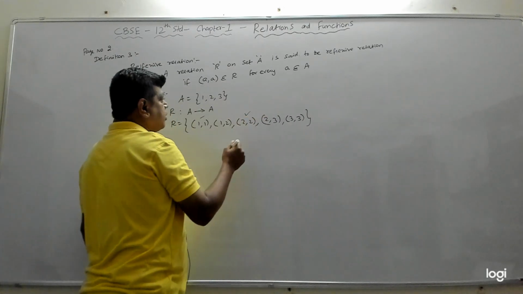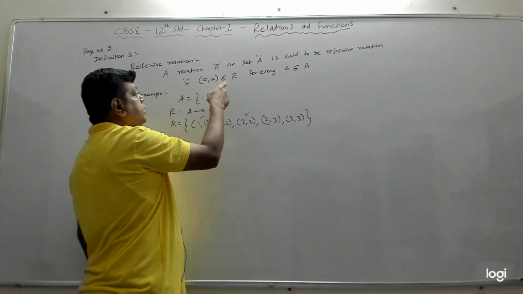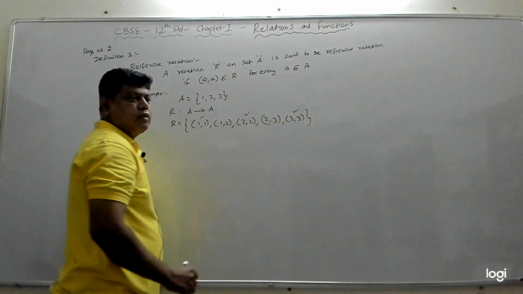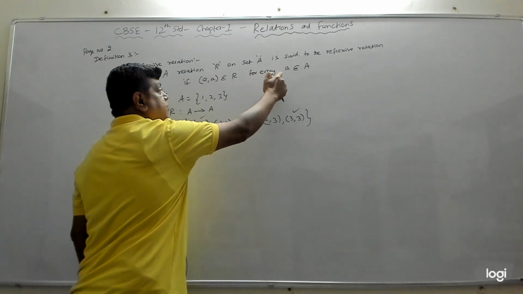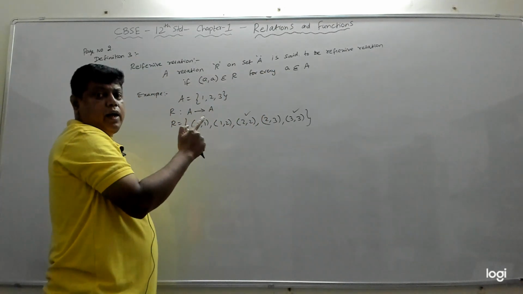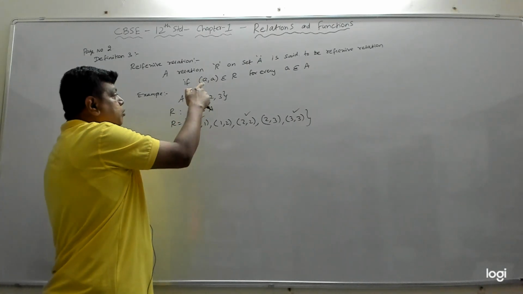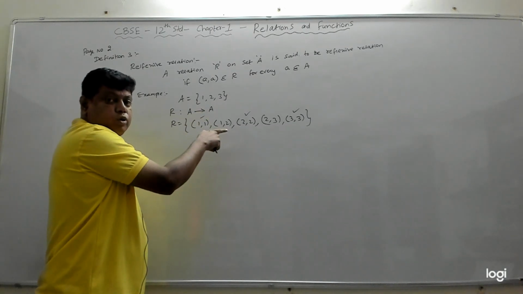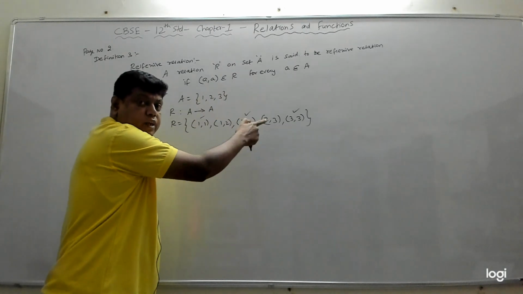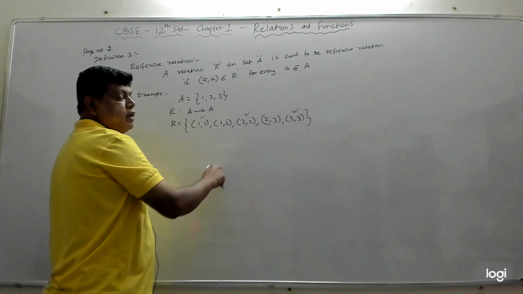Yes. Take the third element 3. Is (3, 3) in R? Yes. So for every element in A, that element should be related to itself. If I take the element 1, then (1, 1) should be in R; if I take 2, then (2, 2) should be in R; if I take 3, then (3, 3) should be in R. Then we call this a reflexive relation.